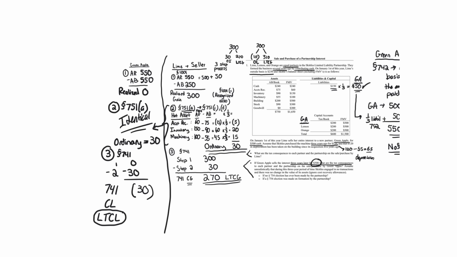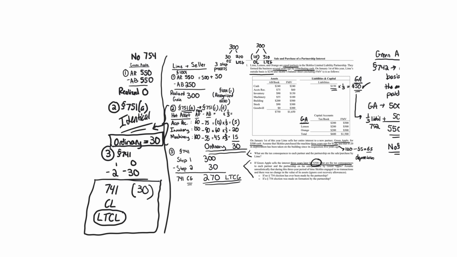So when we say that Green Apple steps into the shoes of Lime, we really mean it. The only thing that changes is that Green Apple takes that different basis in the partnership interest, that $550 rather than Lime's $250 basis. But everything else stays the same. So Green Apple, in this situation of no 754 election made by the partnership, is going to have to report an ordinary gain of $30 and a long-term capital loss under Section 741 of $30.